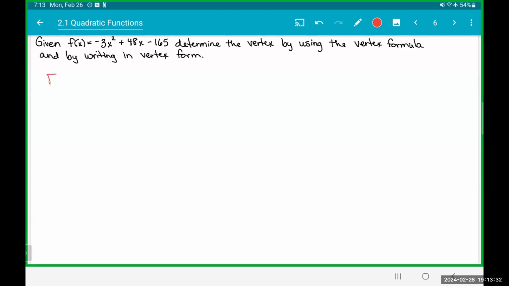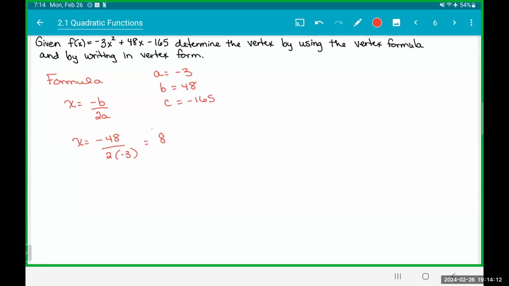So by formula, x equals negative b divided by 2a. From our function, a equals negative 3, b equals 48, and c equals negative 165. So my x is equal to negative 48 divided by 2 times negative 3, which gives me a positive 8. So my x value is positive 8.